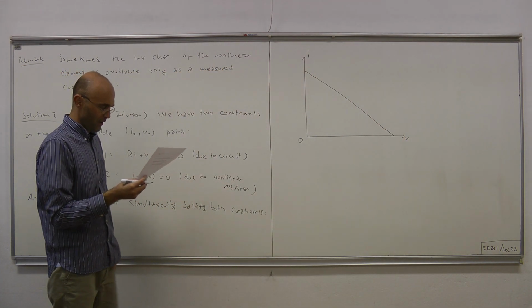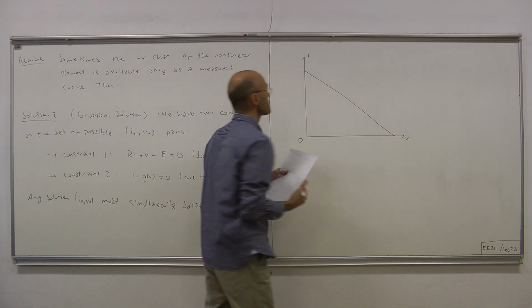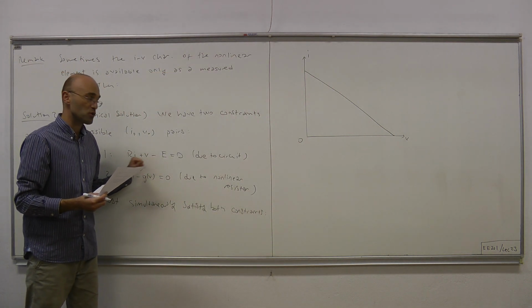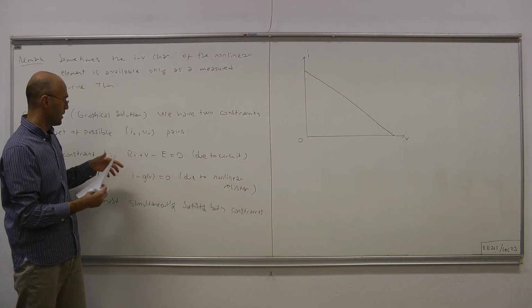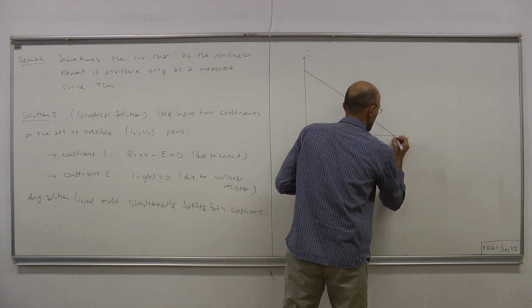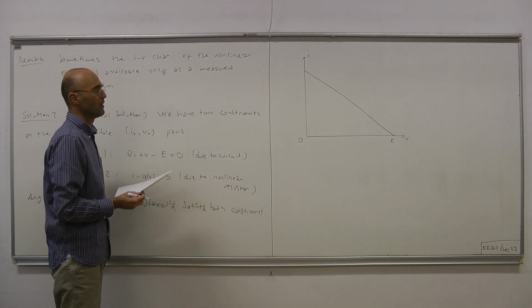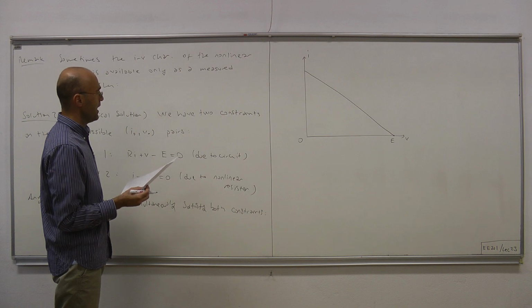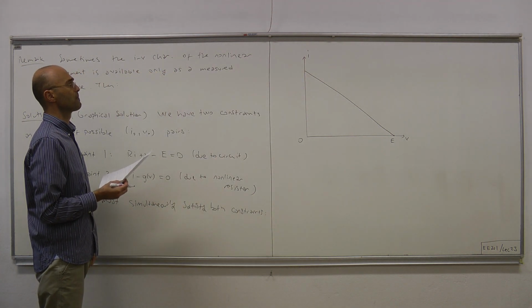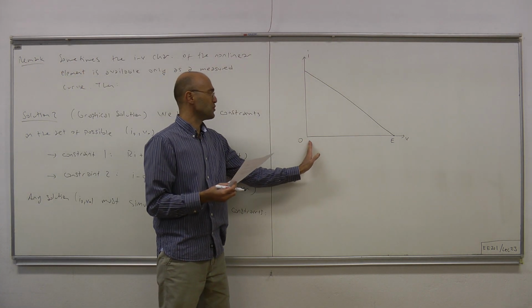Something like that. So this is the point where the current is 0. Now we're talking about the first constraint. If you let the current equal 0, what you have is V equals E. Therefore this constraint cuts the horizontal axis at the voltage E. As for the intersection with the other axis, this time the voltage is 0.